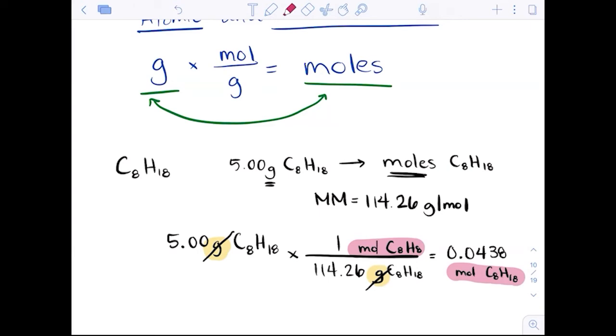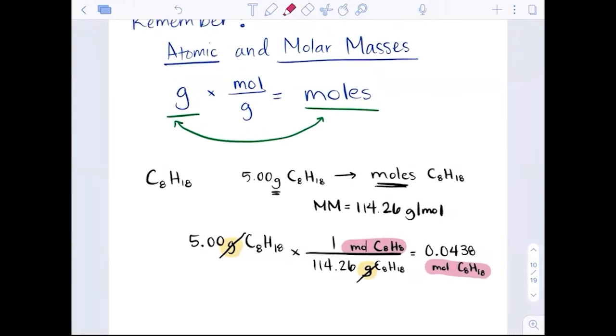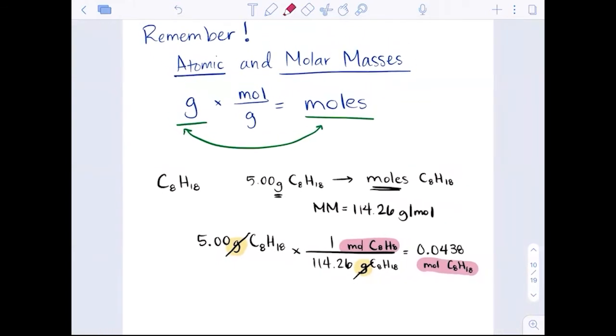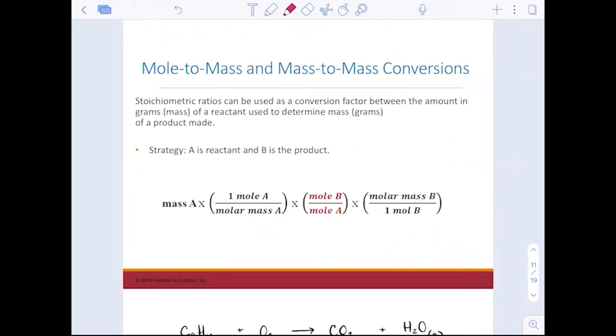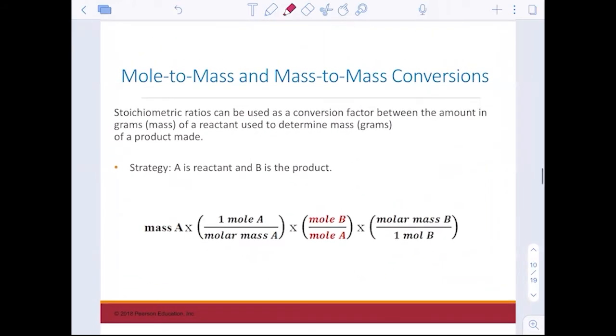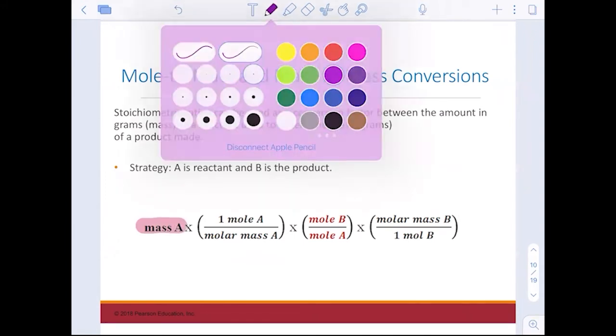So if you have forgotten any of these conversion factors with atomic or molar masses, it'll be good to pause and to go back in your notes. So what we can do is a mole to mass or a mass to mass conversion. We can actually start with the grams of one thing and go to grams of another.